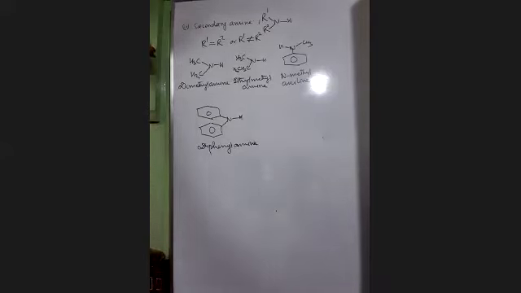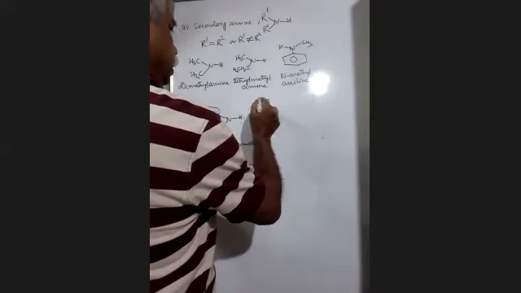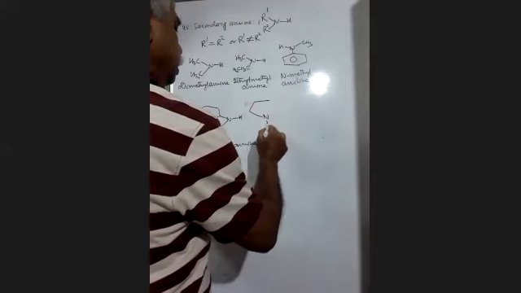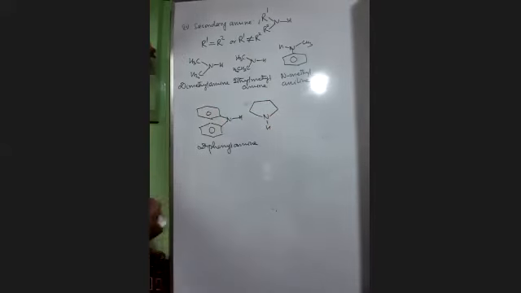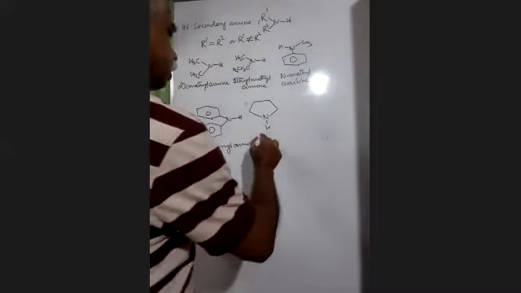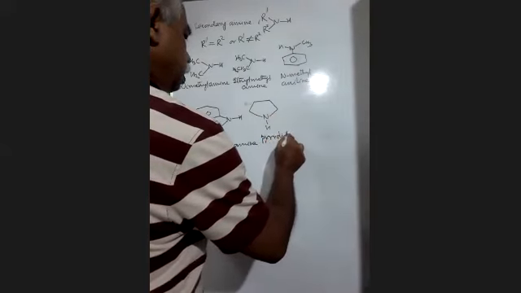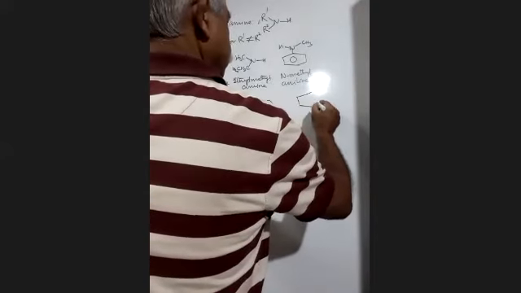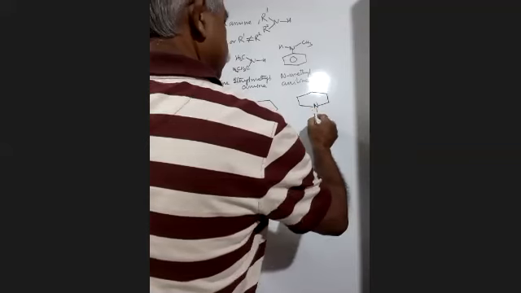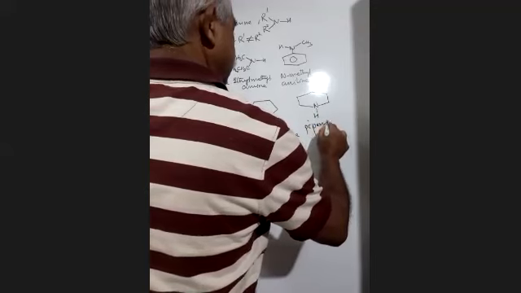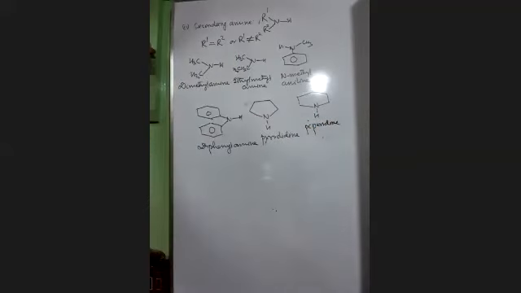There you can also have cyclic amine. These are cyclic amines. This is secondary amine, cyclic. But here the name will be different. We'll go for the classical name. So it is called pyrrolidine. This is called piperidine.